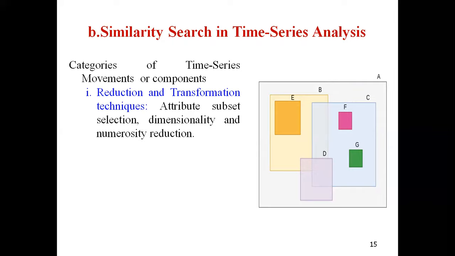The other one is dimensionality and numerosity reduction, reducing the number of attributes. If some of the attributes are not good, you have to eliminate those attributes. There are many dimensionality reduction techniques, like PCA. Some techniques we previously discussed.